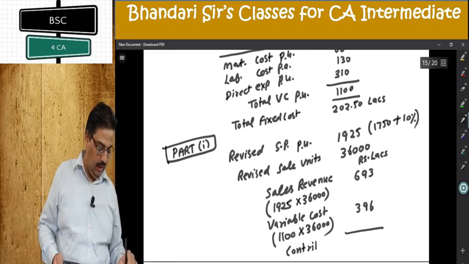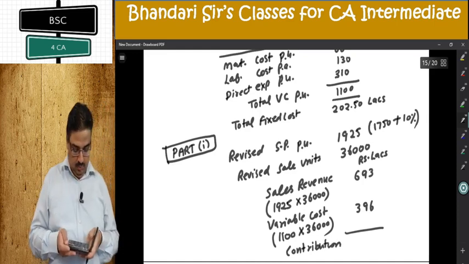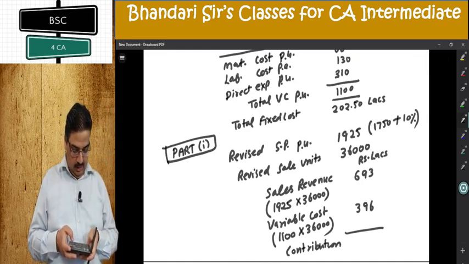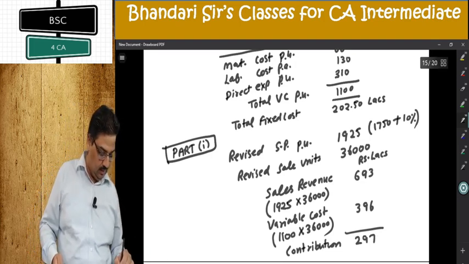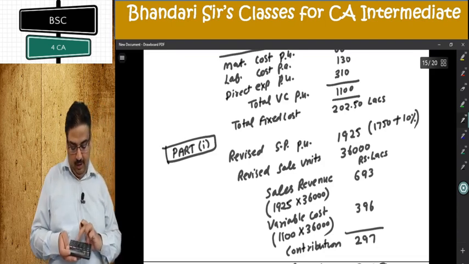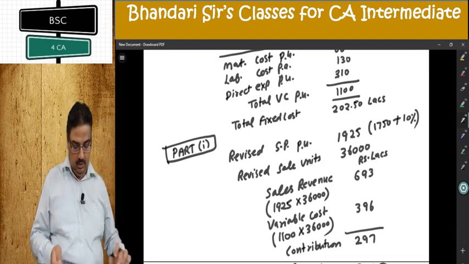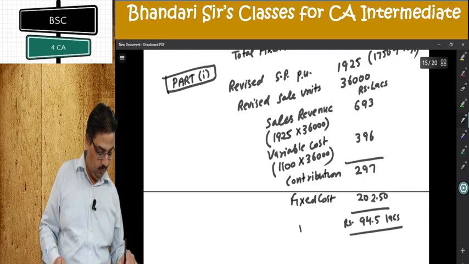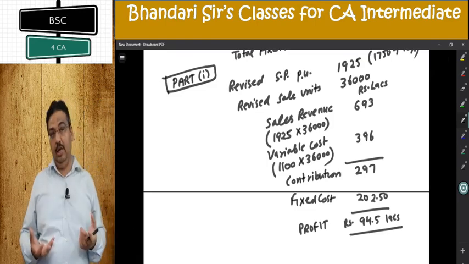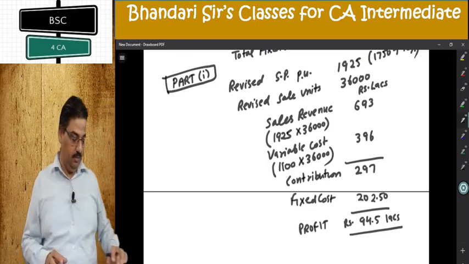After subtracting, I'll get contribution: 693 minus 396. I'm getting contribution 297 lakhs. Fixed cost unchanged, 202.50. I'm getting 94.5 lakhs as profit. This is profit caused by changes in quantity as well as selling price.